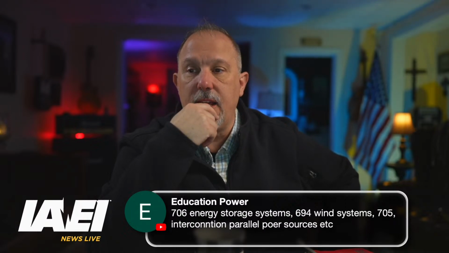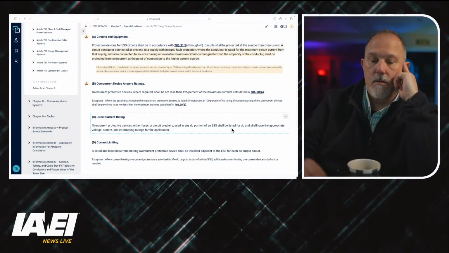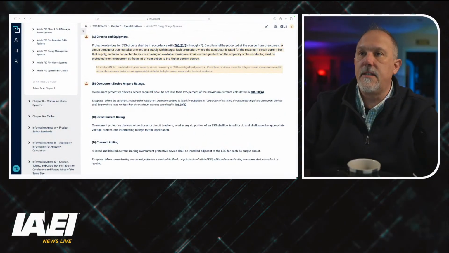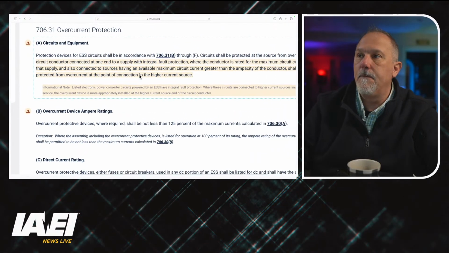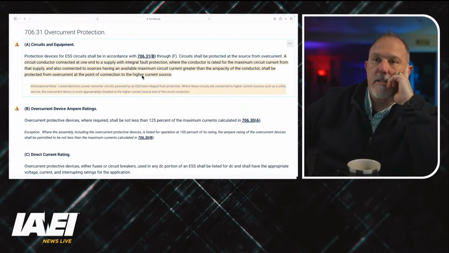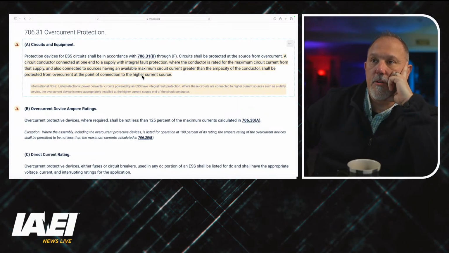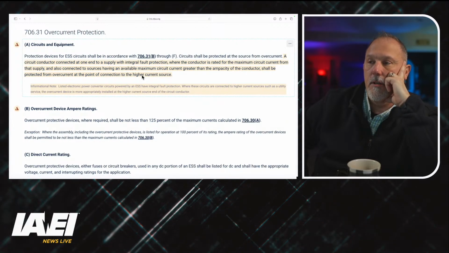So this is saying, Robert, that the protection devices, right? So if I look at this, this is in A. This is 706.31(A). Protection devices for energy storage system circuits have to be in accordance with 706.31(B) through (F).